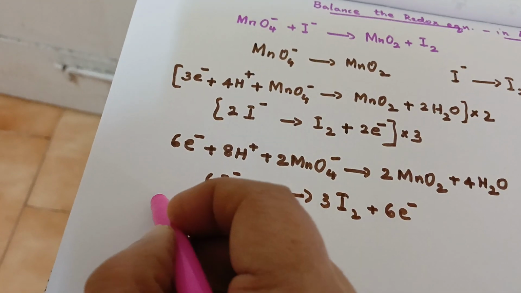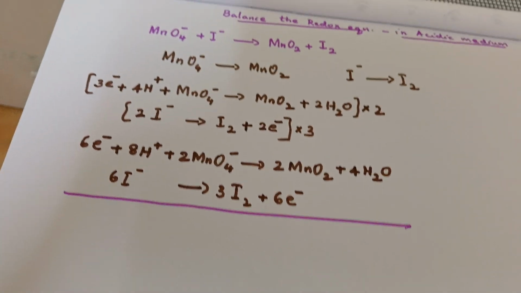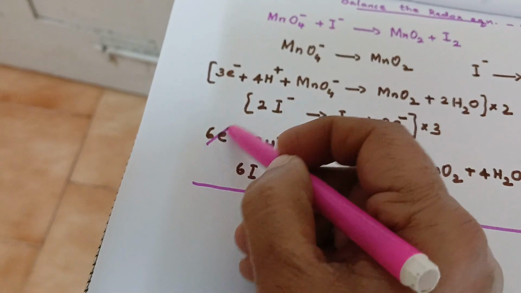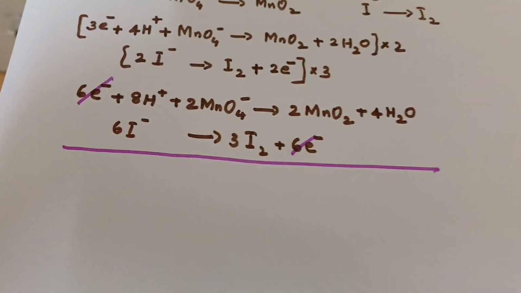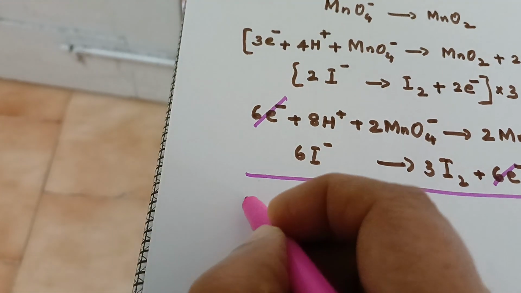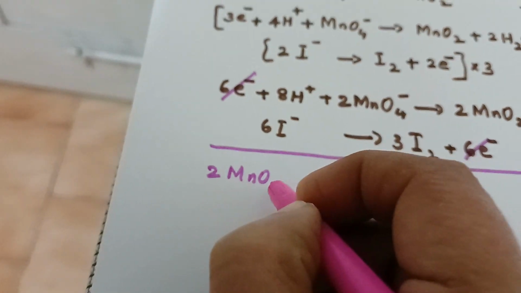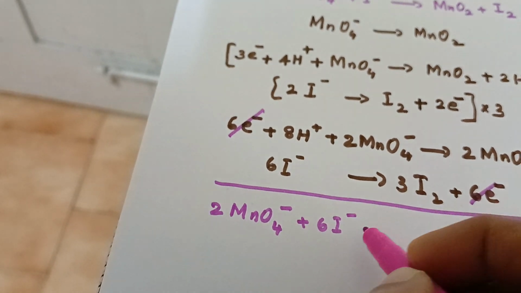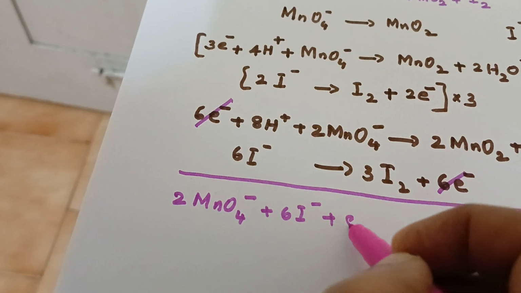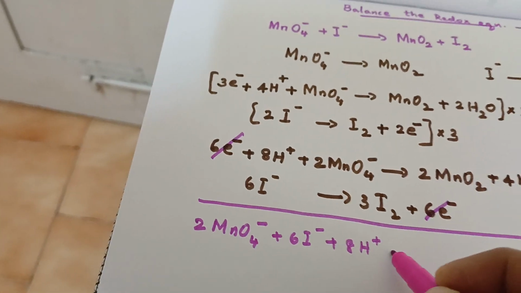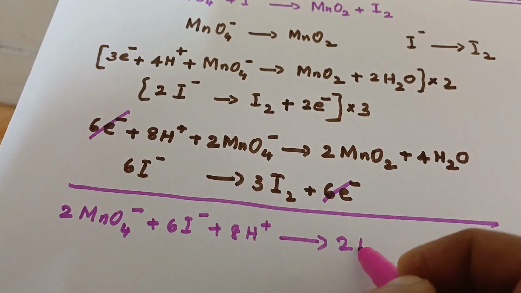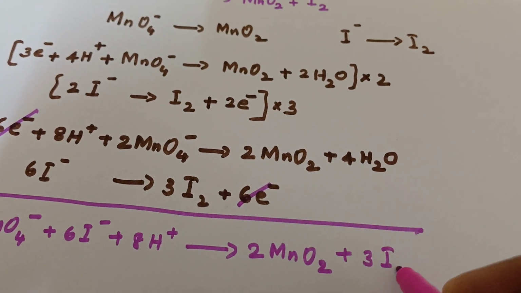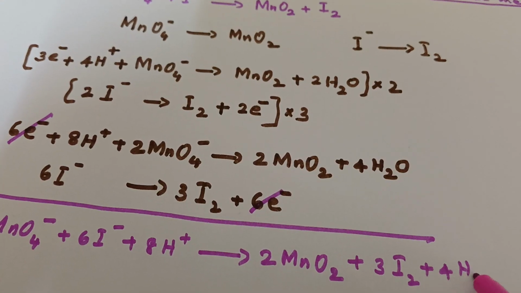Now we can combine these equations. Before combining, we can cancel out the electrons from both equations. Now we will combine and write 2MnO4⁻ + 6I⁻ + 8H⁺ giving 2MnO2 + 3I2 + 4H2O.